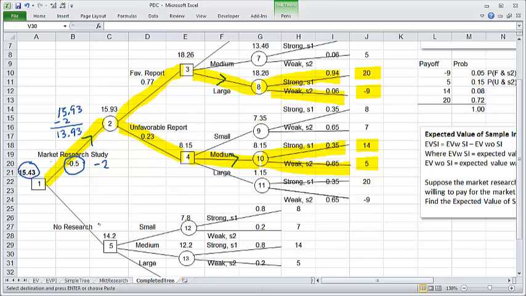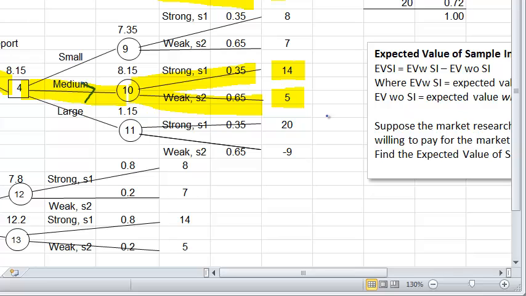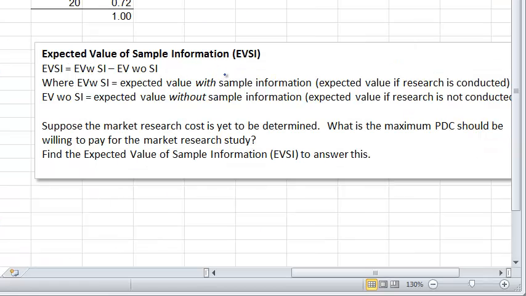So we would not want to pay more than the difference between the node values here. That difference is the value of the market research, and it's called the expected value of sample information, or EVSI for short. The formula here is EVSI is equal to EV with SI minus EV without SI. That is, expected value if you conduct the research minus the expected value if you don't conduct the research.